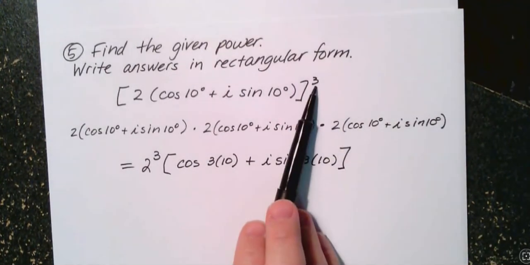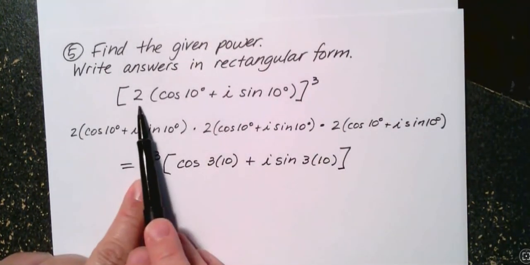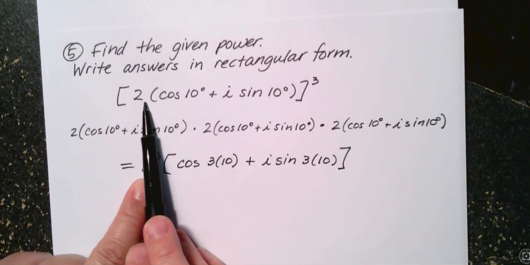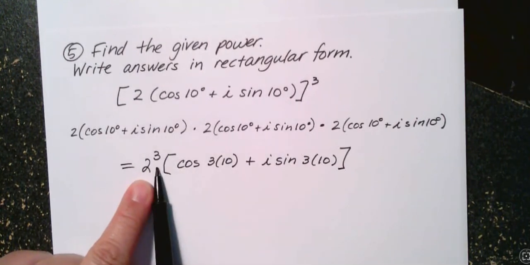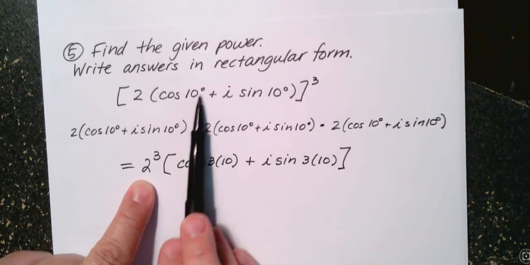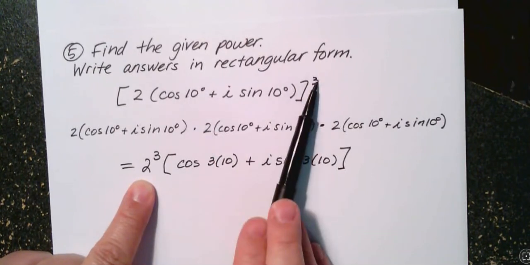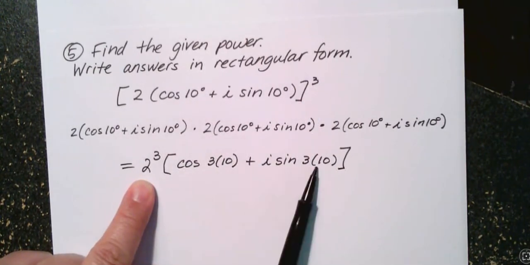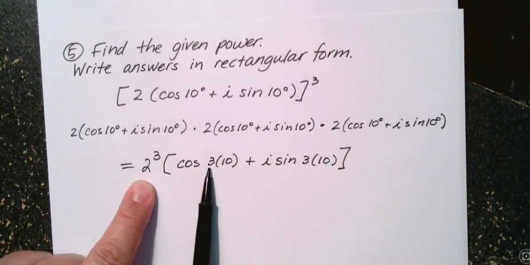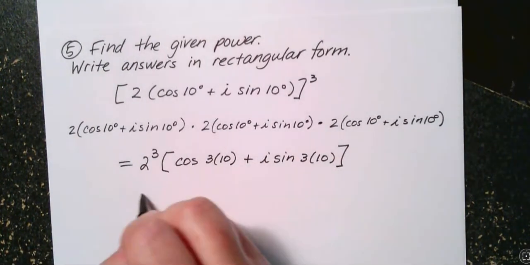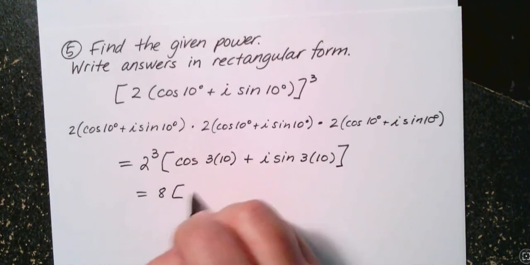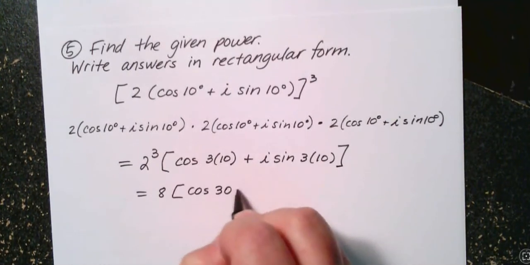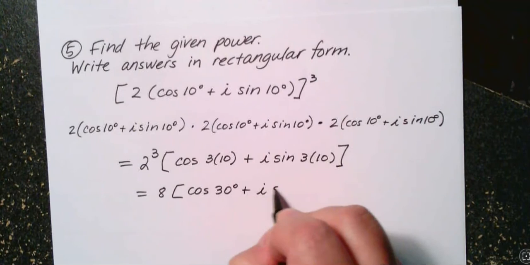So this exponent basically affects the number out front by raising the number to that power. So this becomes 2 to the third. And here, since we're adding 10 however many times we've got it, it's 3 times 10. It's not going to be a power, it's going to be that many times. So this becomes 8 times the cosine of 30 plus I times the sine of 30.